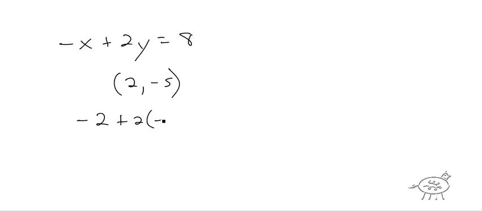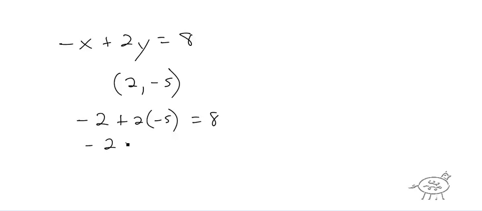Let's try another one. Negative x plus 2y equals, let's just say, 8. I'm going to give you a coordinate of 2 comma negative 5. You have to be really careful. You plug that 2 into x, so it's negative 2 plus 2 times negative 5.